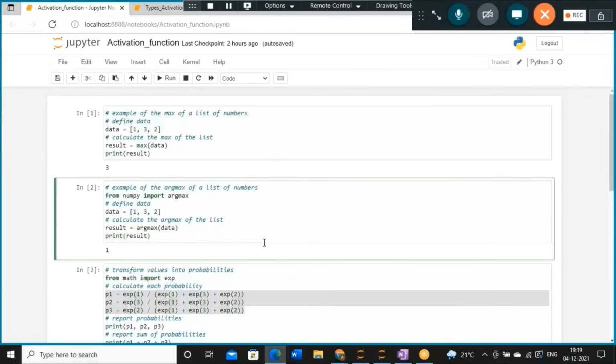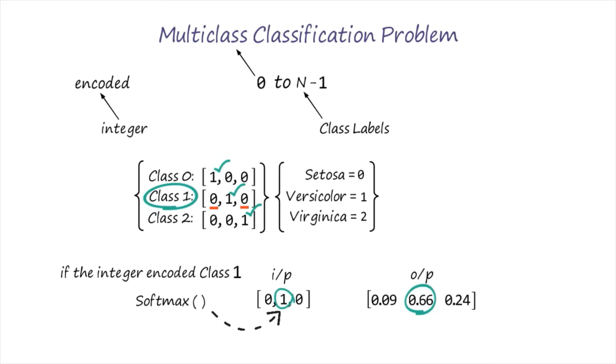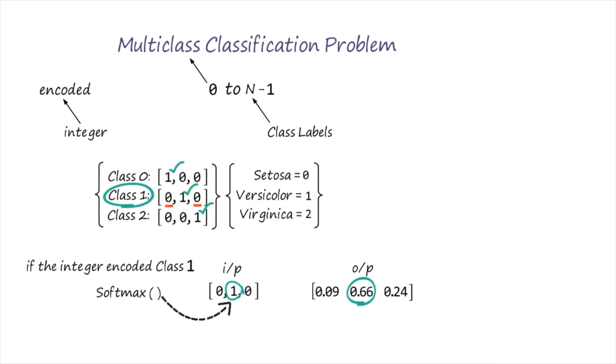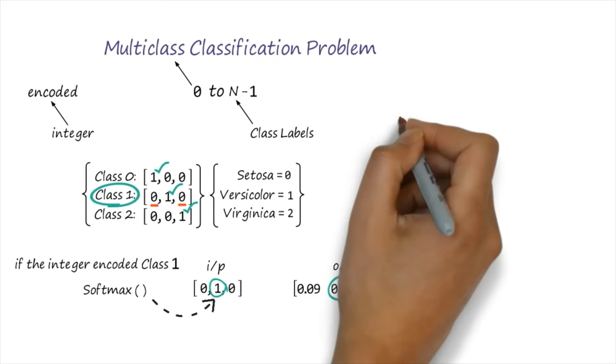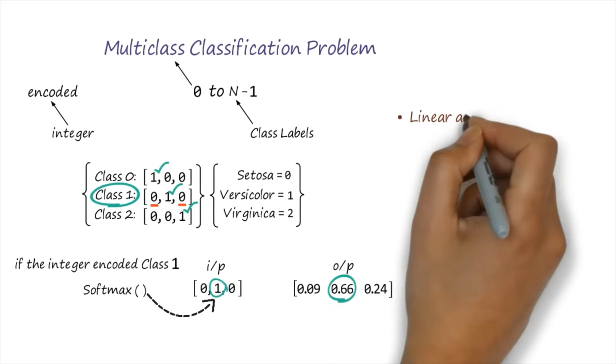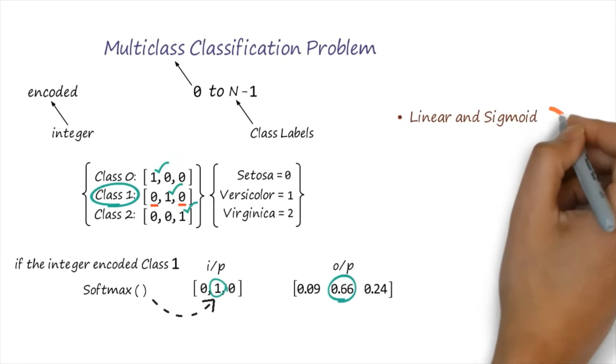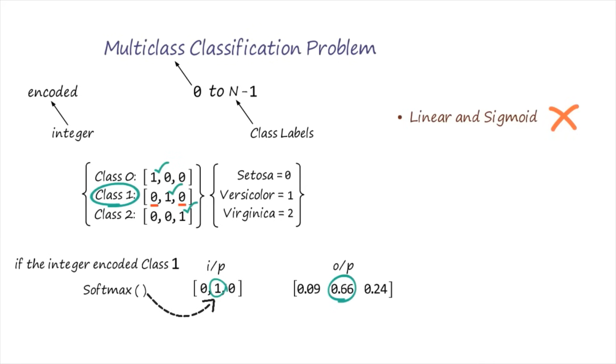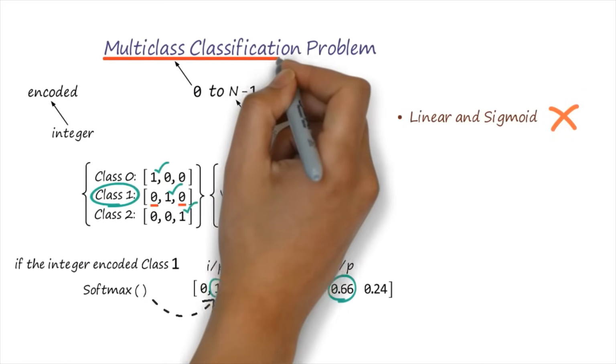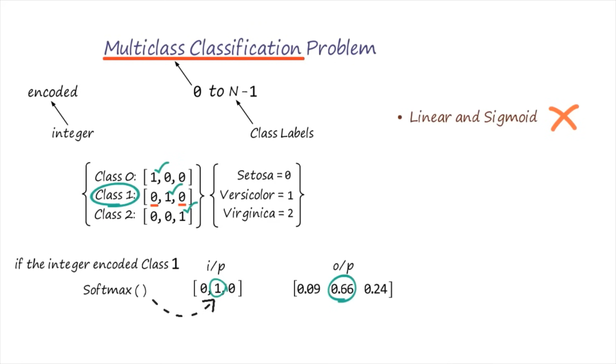So what we have learned so far in case of activation functions. Let's conclude these things. Here we have learned that linear and sigmoid activation functions are inappropriate for multi-class classification tasks. For that purpose, what kind of activation function are we using? Softmax.